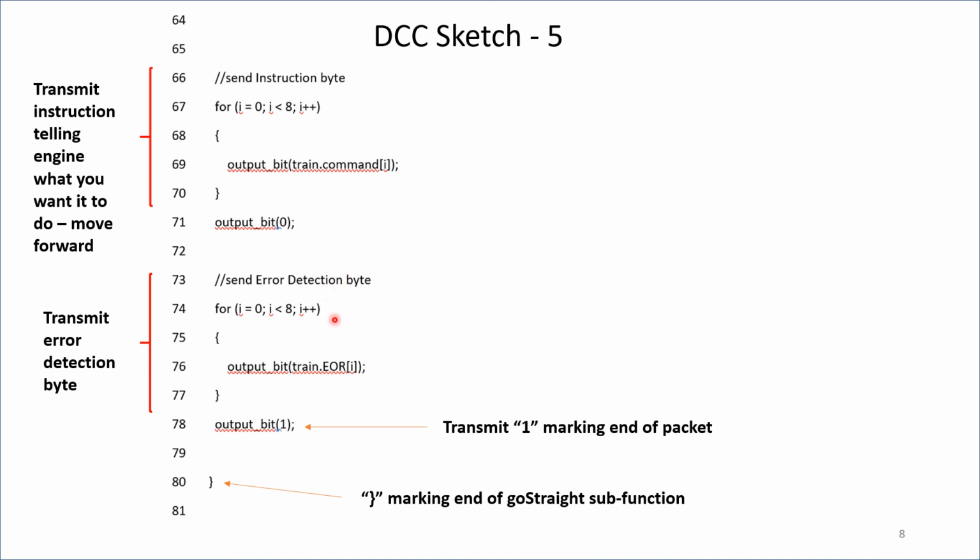Then I send the error detection byte and so on. So this is pretty simple, and this bracket here is marking the end of the go straight function. So I'm sending out the preamble, then the address of the train, then the command I want the train to do, then the EOR, and that's the end of the go straight function.